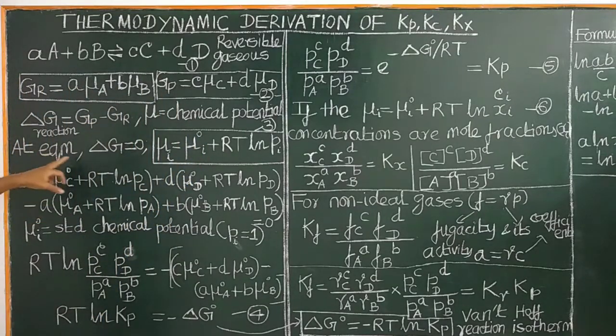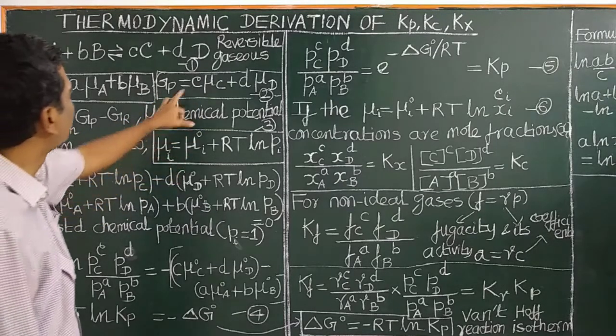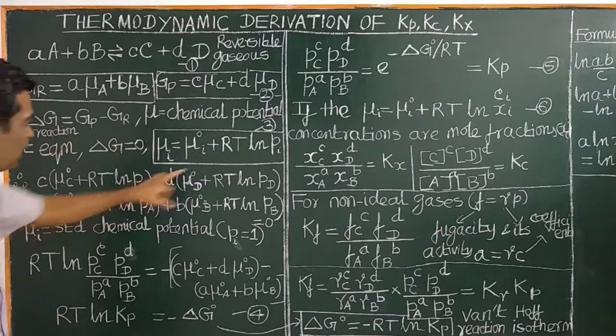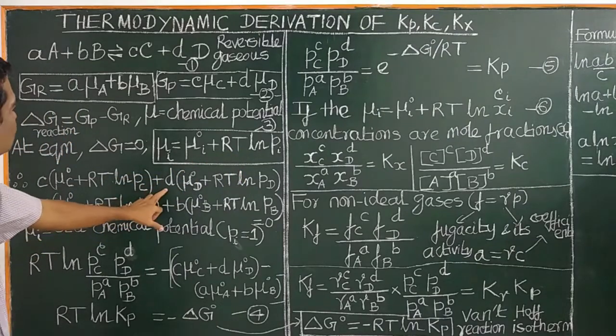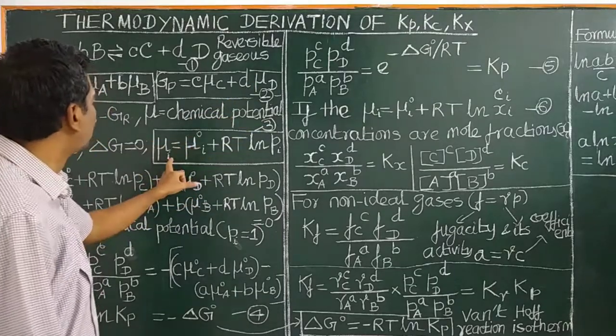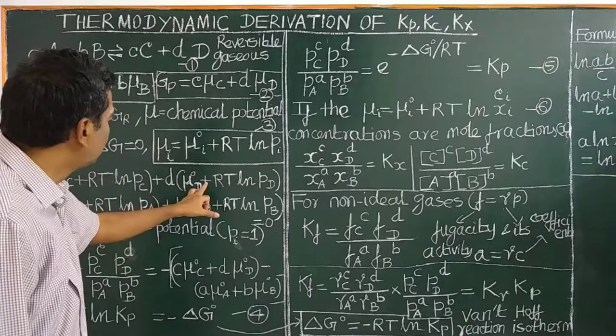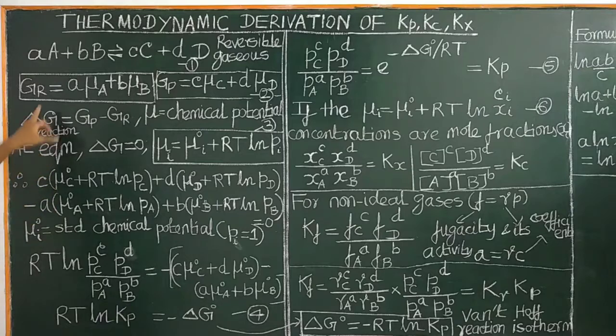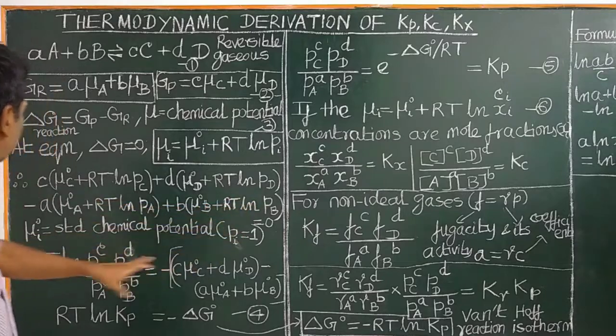சரி, இப்போ நம்ம வந்து இந்த ΔG equal to 0. அப்ப Gp என்பது என்னது? இதா இருக்குது. அப்ப வந்து நமக்கு என்ன வந்துரும்? c μ naught, இந்த எக்ஸ்பிரஷன் சப்ஸ்டிட்யூட் பண்றோம். அப்ப c μ naught C plus RT ln PC, okay, plus d μ naught D plus RT ln partial pressure of D minus, similarly இதுக்குரிய a μ naught A plus RT ln PA plus b இந்த மாதிரி வந்துரும், ரைட்டா?